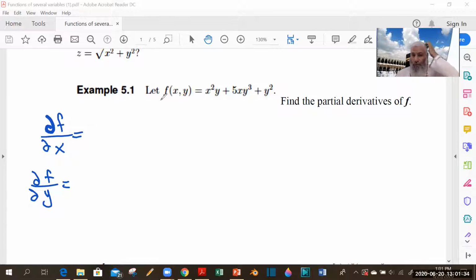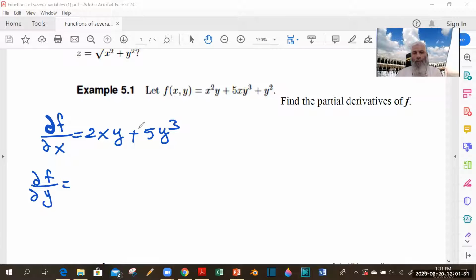The derivative with respect to x is 2xy plus 5y cubed.